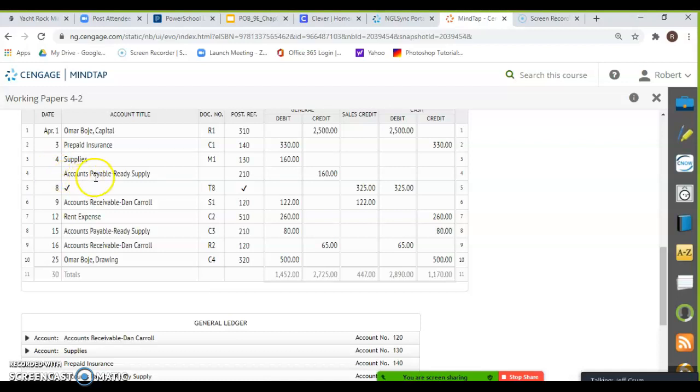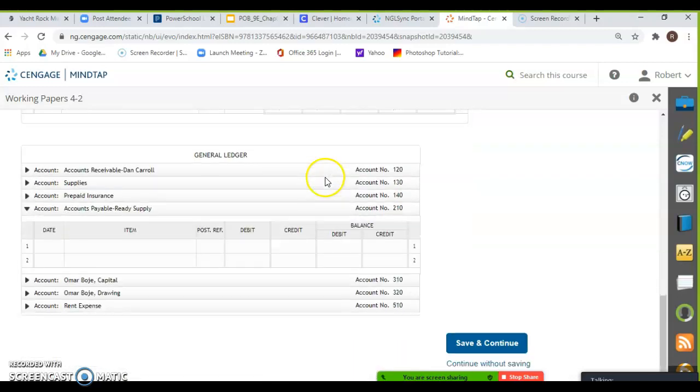So April 4th, accounts payable, Ready Supply, got credit of $160. So credit of $160 was the transaction. So then our new balance is $160 credit.